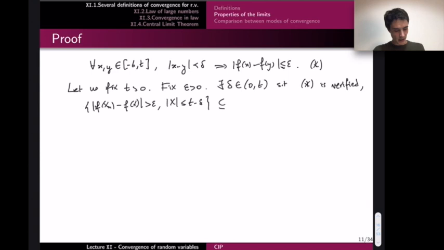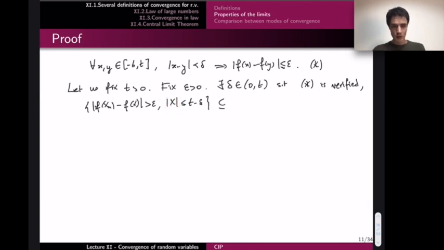It might happen that x, I know that it's in an interval [-t, t] because I have this condition here. But can it happen that xn is not in the interval [-t, t]? Yes, it can happen. But in that case, because of this condition, I know that the distance between xn and x will be greater than delta.